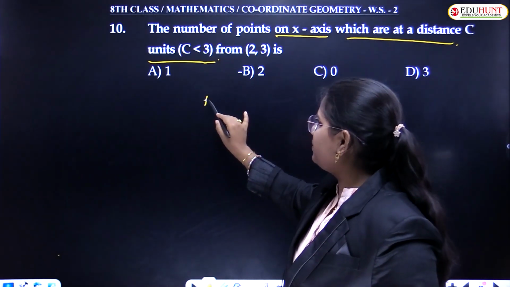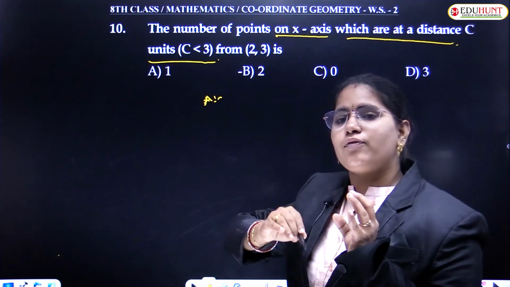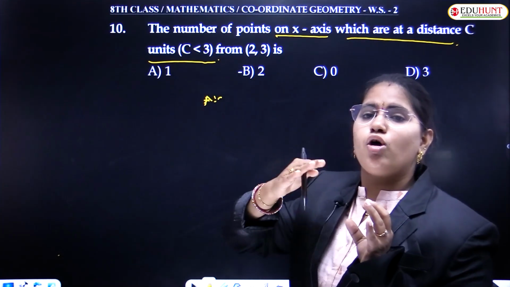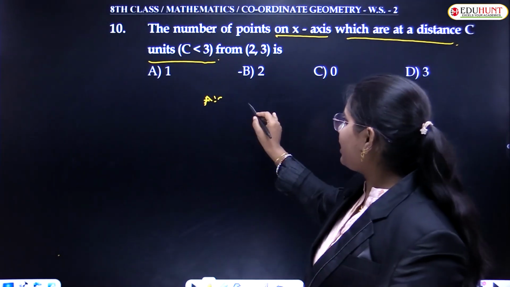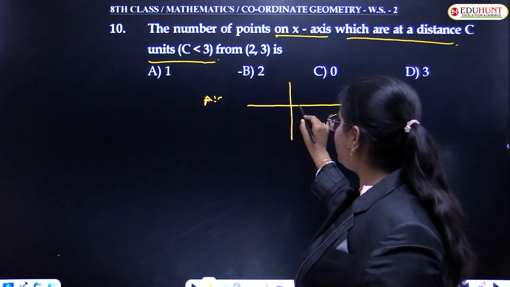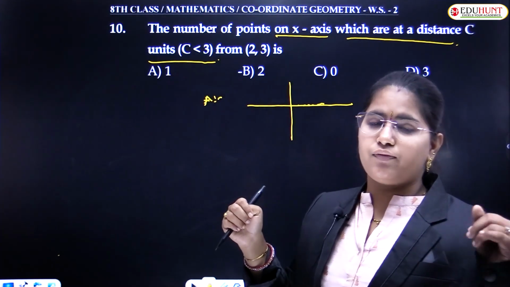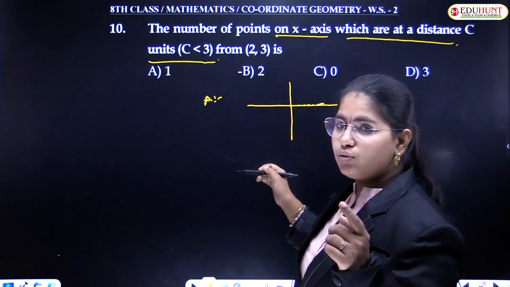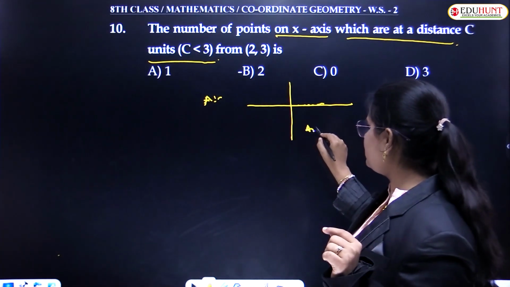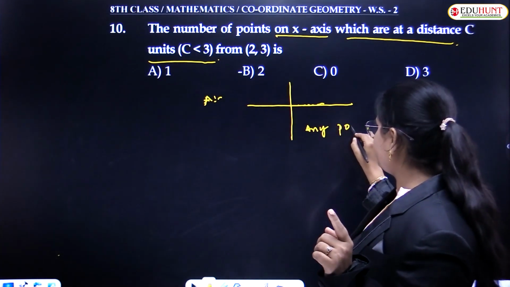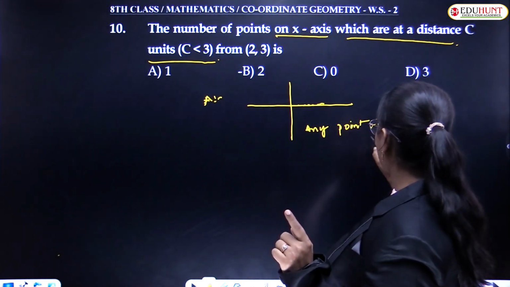So you just tell me how a point on the x-axis will be located. What is the coordinate of y and what is the coordinate of x? Simple. I told you in the first session of the class, any point on the x-axis has y coordinate 0.